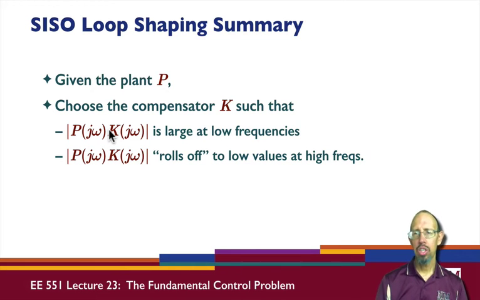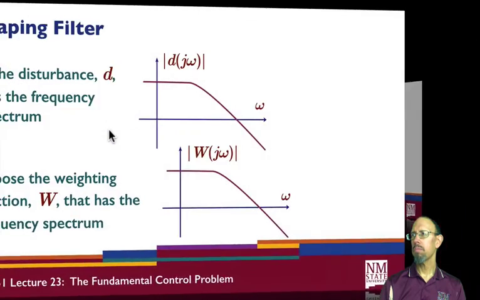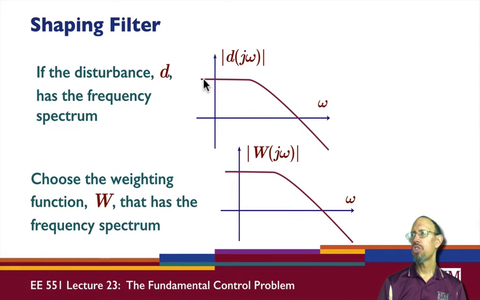We can also talk about a shaping filter. Suppose that our disturbance has a frequency response that looks like this. We would choose a weighting function, W, such that W is greater than or equal to D for all frequencies. It can be equal at low frequencies, and at high frequencies, because it's a disturbance, we don't exactly know what its frequency response will be.